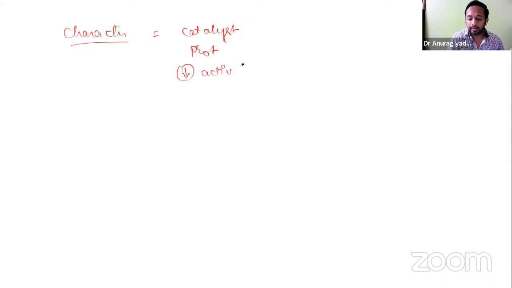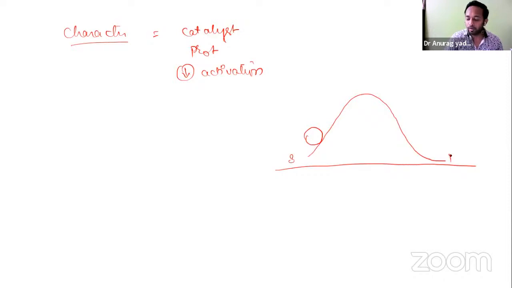Last time I told you, if for example this is the mountain you have to climb, you have to move the ball from here, which is substrate, to a product. What is the enzyme doing? Enzyme is cutting down this edge. Now it has lowered the energy required to transport this substrate to product. So activation energy, the energy required for the activation of the process where substrate can be converted into a product, is lowered.